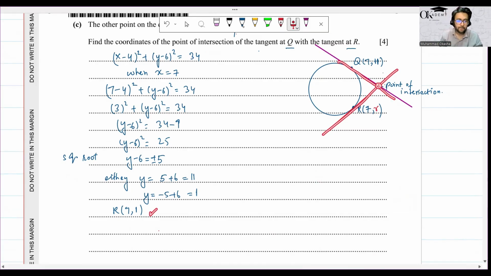Let's do that. First things first, the equation of the tangent through R. For that, of course, I need the center, and we know the center is 4 comma 6.